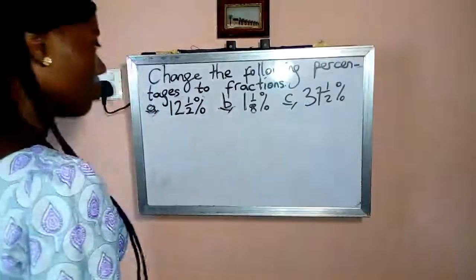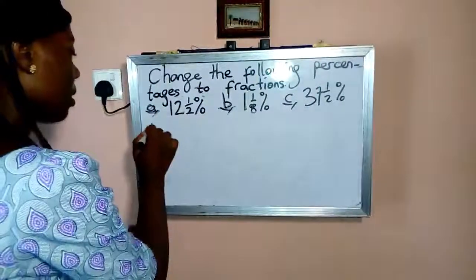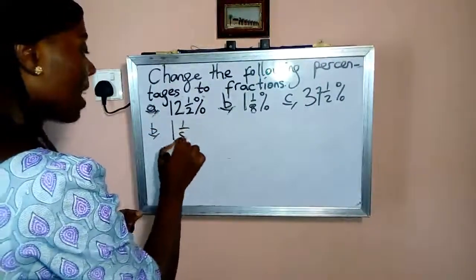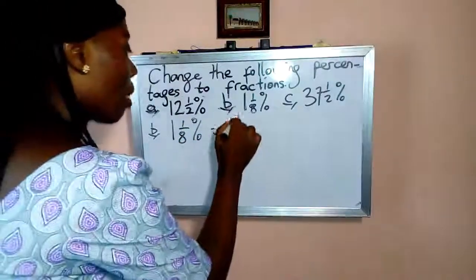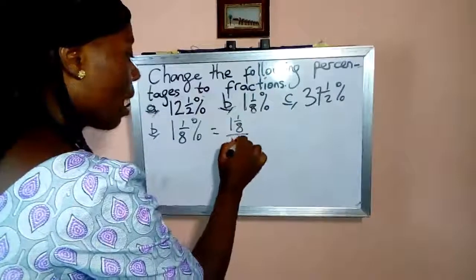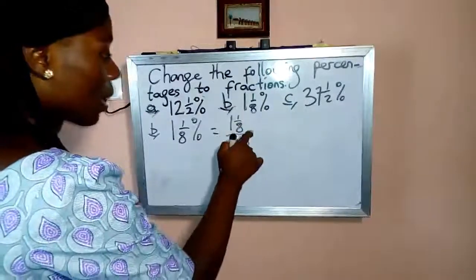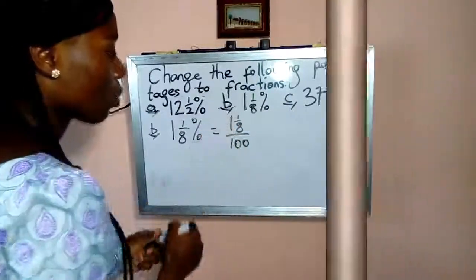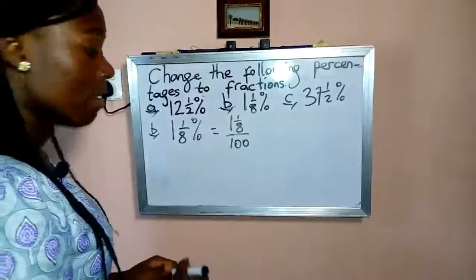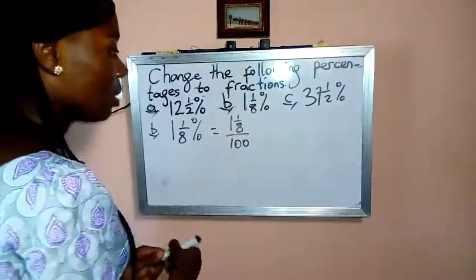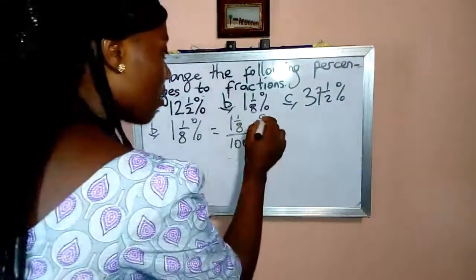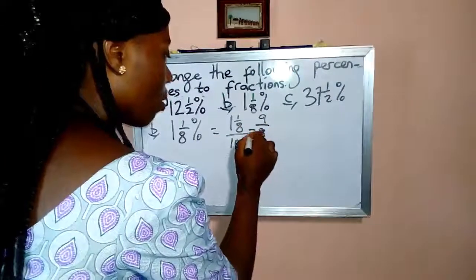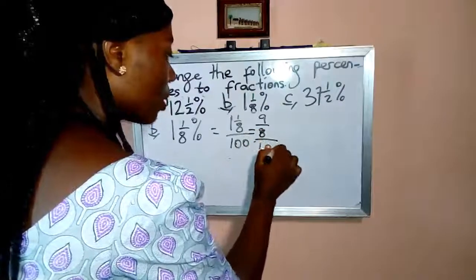Our second example is 1 whole number 1 over 8%. Using that same method, I have 1 whole number 1 over 8 all over 100. Now again, I change this to an improper fraction. I have 8 times 1 is 8 plus my 1 on top, which will give me 9. I have 9 over 8 all over 100.